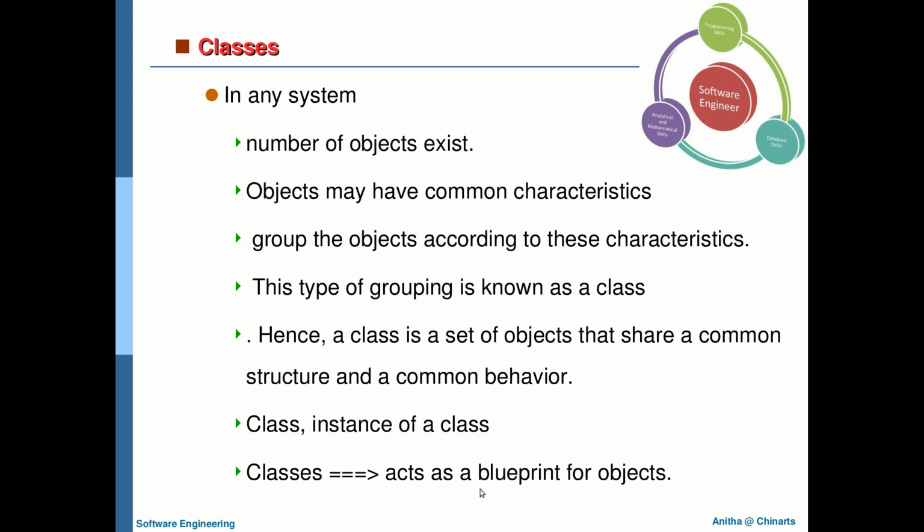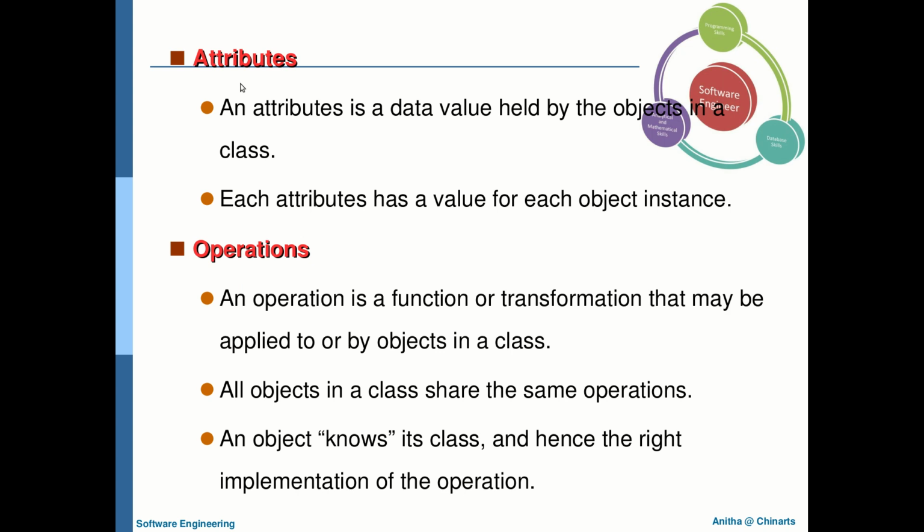So generally a blueprint for the object collection is what you call a class. Then an attribute is one of the characteristics of the object, which will contain a data value. Then an operation is a function or a transformation which will be applied on the object or which will be applied by the object.